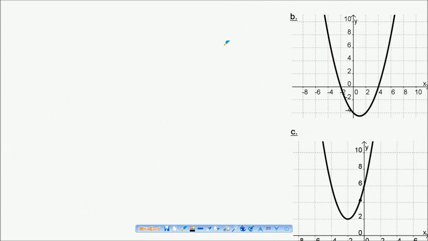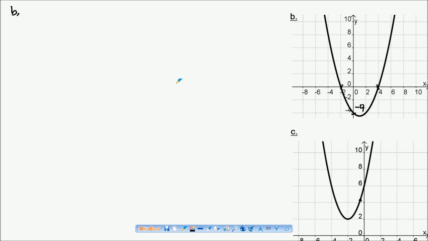Okay, let's do some more problems. Again, let's look at question B. In question B, we're given 3 points. We look at the graph, it's giving 2 x-intercepts and the y-intercept at -4 here. We read it from the graph.